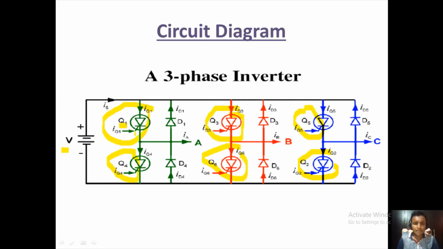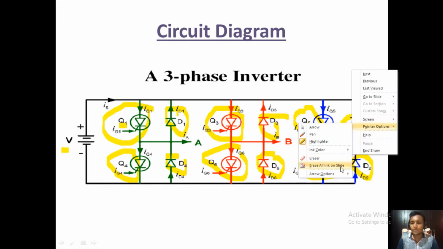So here the power semiconductor device is SCR. We also use 6 diodes, D1 to D6. So these 6 power semiconductor devices and 6 diodes are used. These diodes are feedback diodes.